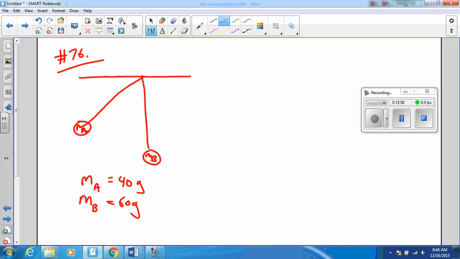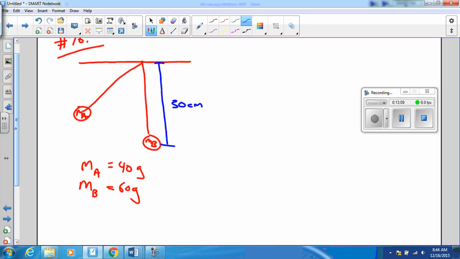And the whole length is 30 centimeters. Now, the first question that they ask us is, what will the velocity be? I think they ask for speed. Or velocity. Yeah, and we'll have to give direction to it.